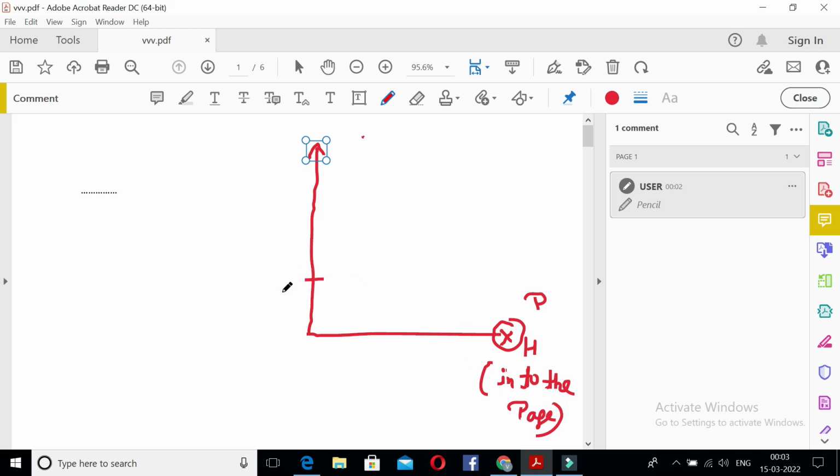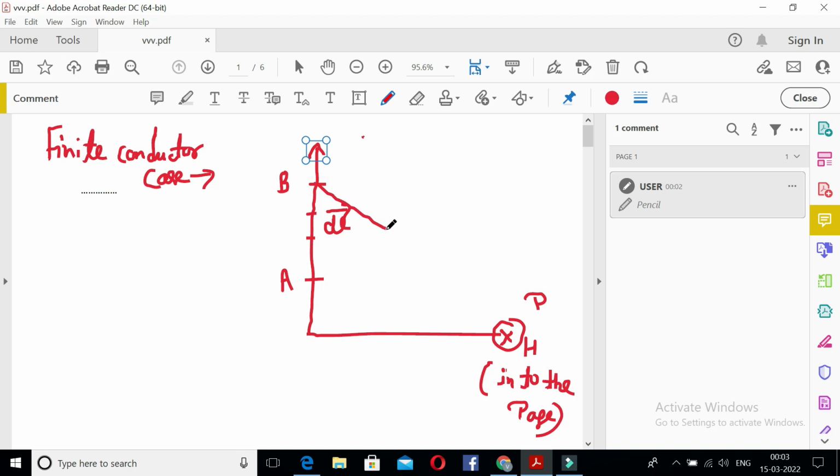Suppose this is point A and this is point B. So it shows the finite conductor case, of length A to B. Suppose this is elemental length dl.